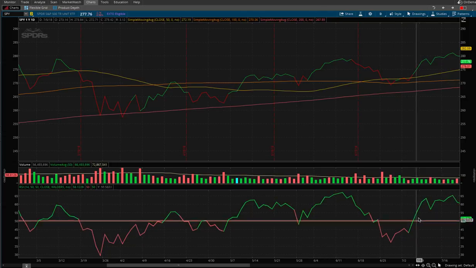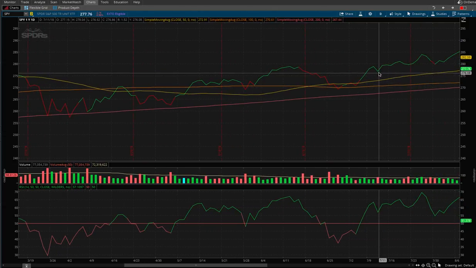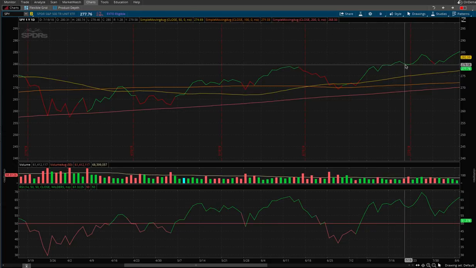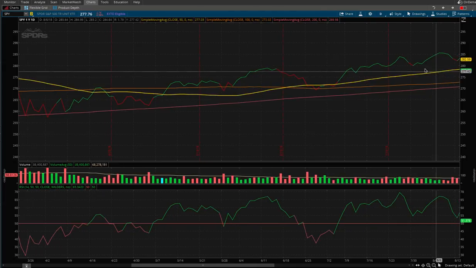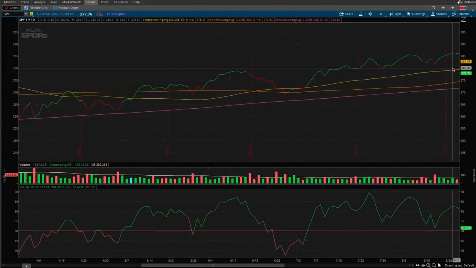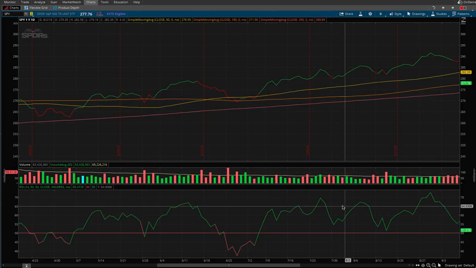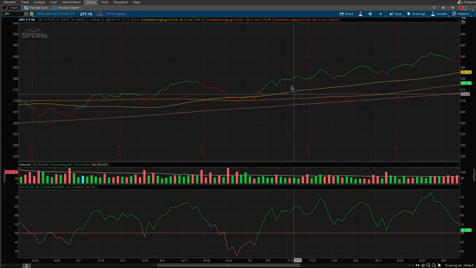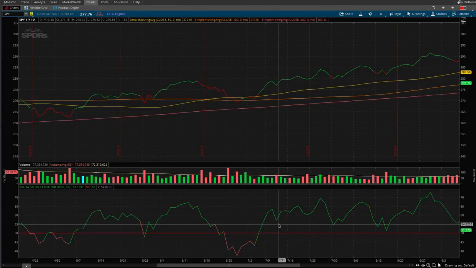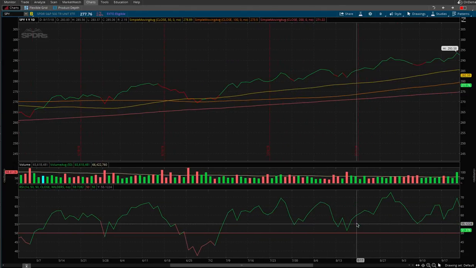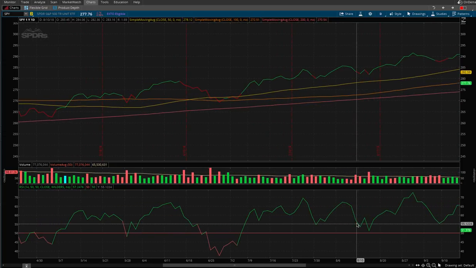A little dip here, a little dip there, a little cup, a little W, another little W. Basically, the stock line chart should look like the RSI, and that's what we want to see in a healthy stock.